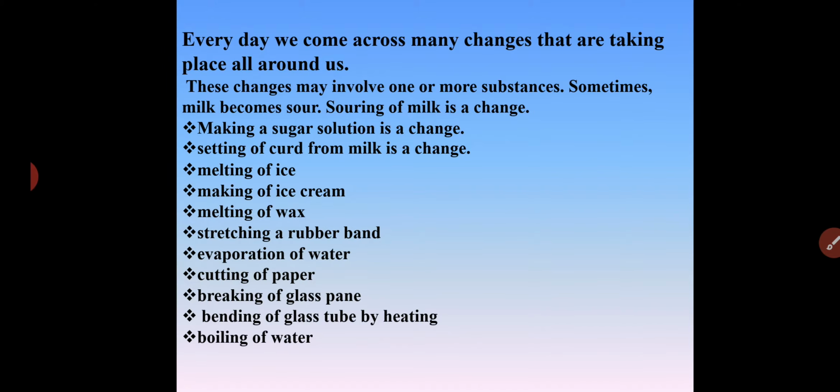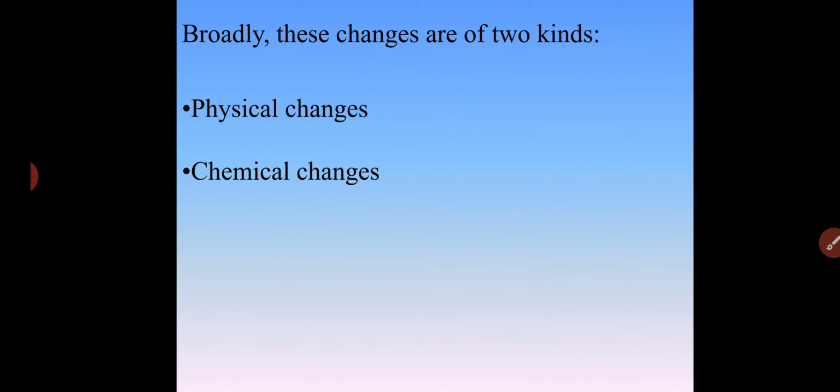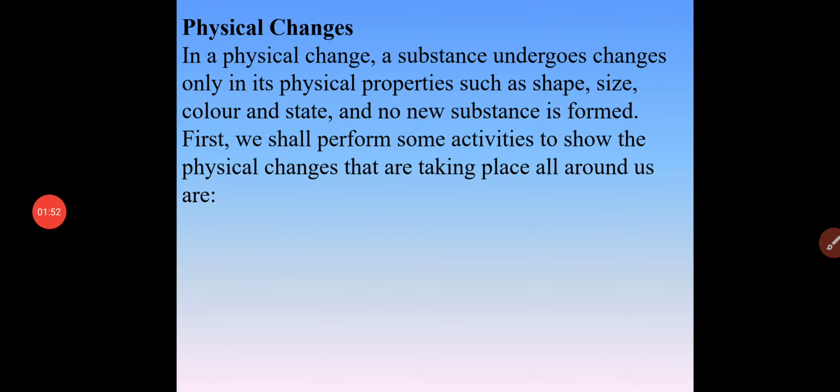Broadly, the changes are divided into two main kinds. The first one is physical change and the other one is chemical change. Physical change: in a physical change, a substance changes only its properties, like shape, size, color and state.